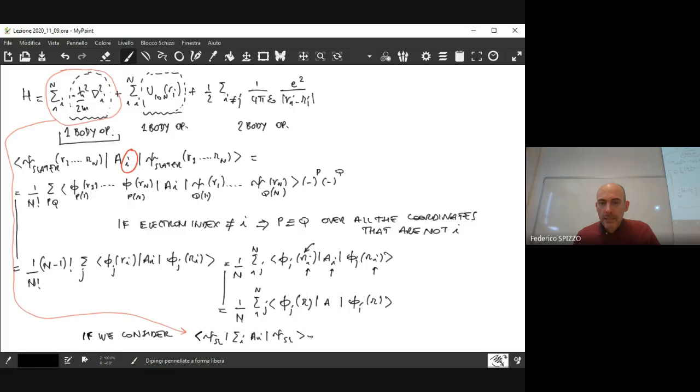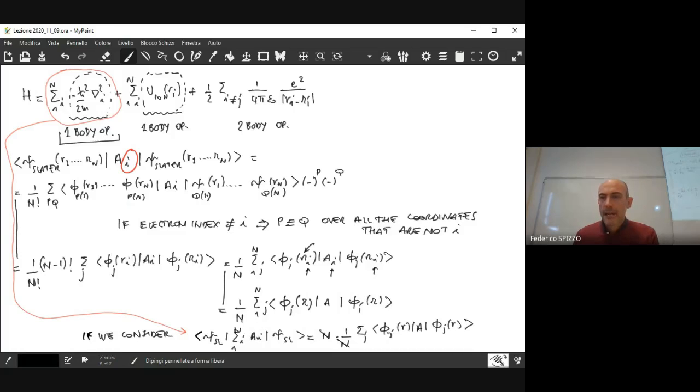We have made the calculation for one of those operators, and what we find is that the result is independent of the index. So due to this summation from 1 to n, we expect to have n times the same contribution. So the n value here can be simplified with the n value here.